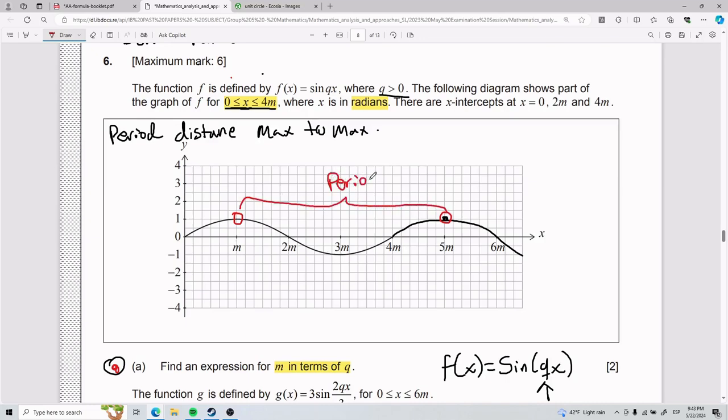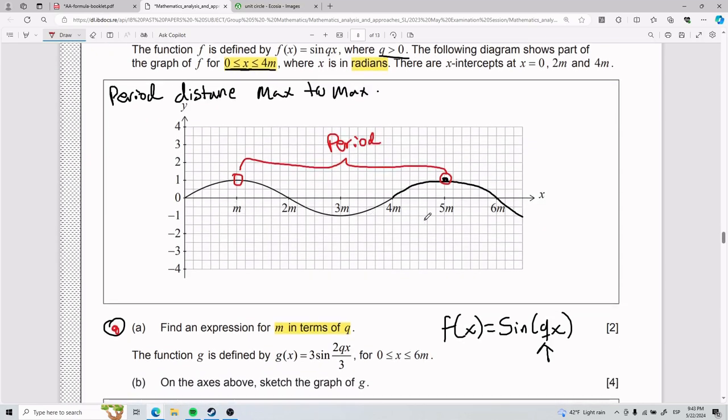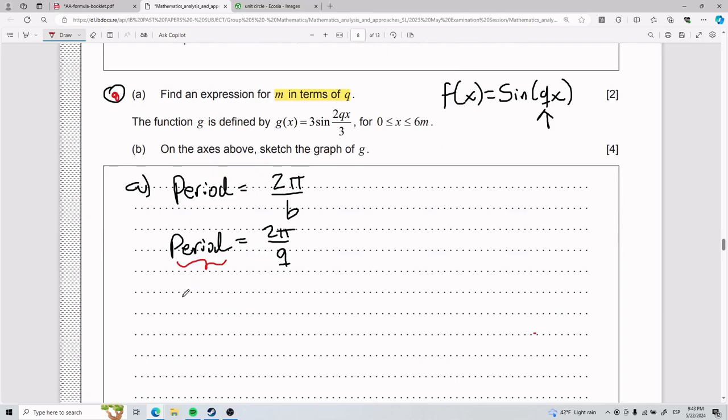And so this is going to be one period from max to max. So you're thinking it's 5m minus 4m. So 5m minus m gives you 4m. I gave the answer out loud. So the period over here, we're going to call 4m. So 4m equals 2 pi divided by q.